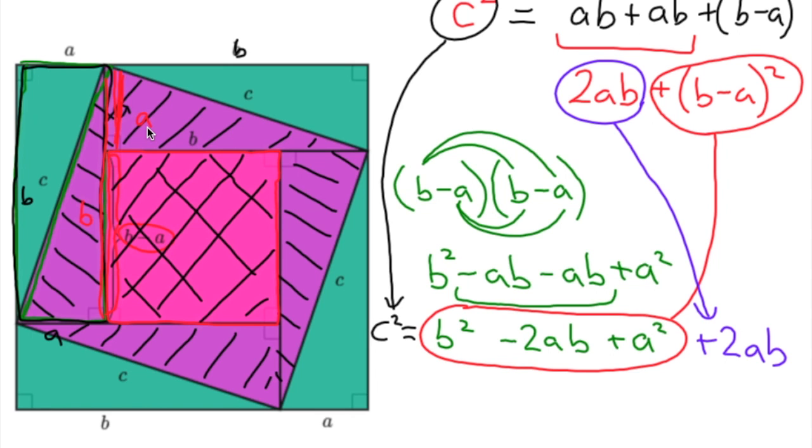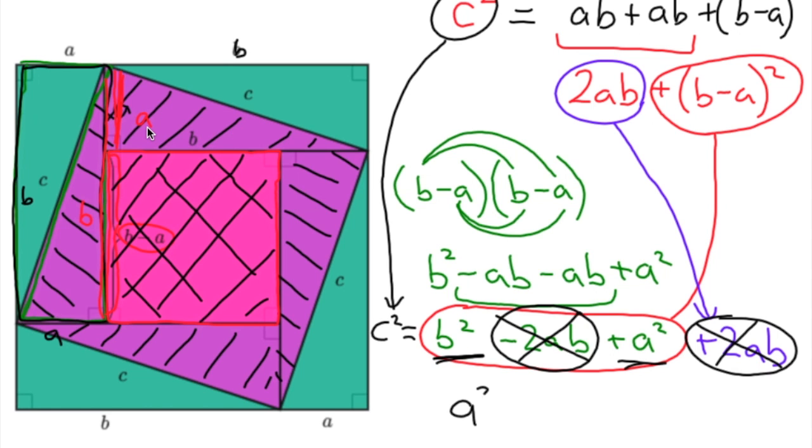We see here that we've got a negative 2ab and a positive 2ab. Well, they cancel each other out. So we're left with b squared and a squared, which we can write in alphabetical order to be a squared plus b squared. And that gives you c squared. And that is a very simple proof of the Pythagorean theorem.